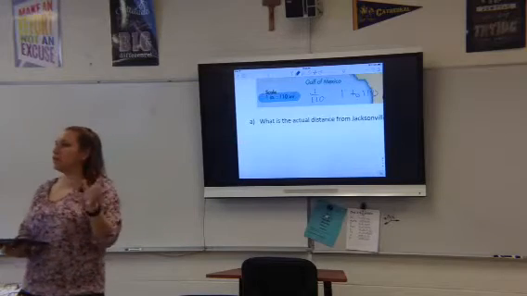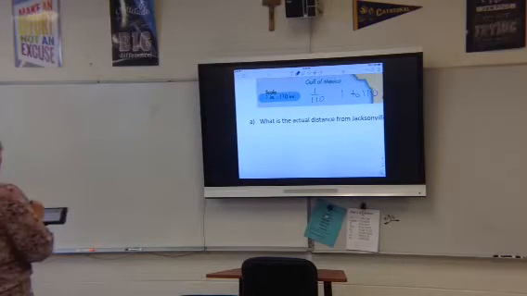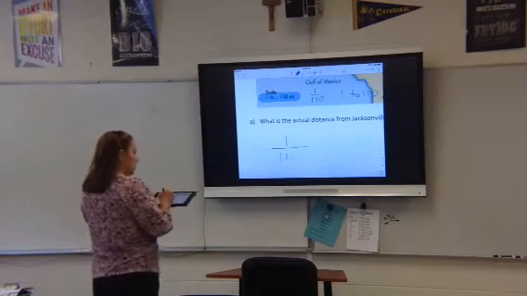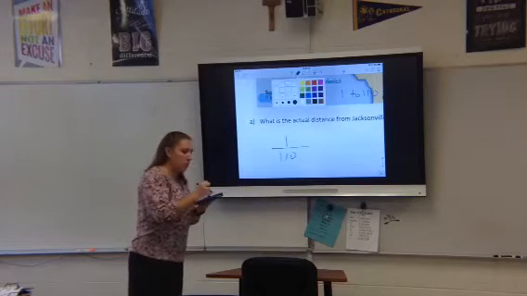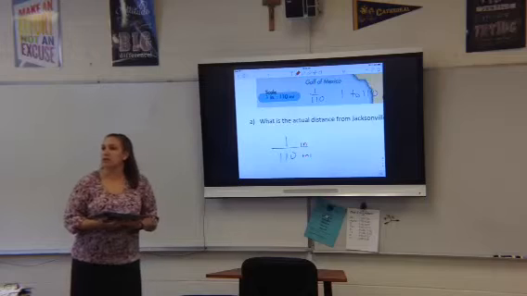You'll see that in writings, newspapers, things like that. So those are the 3 ways to write a ratio. Again, I don't care if they put a colon in between. You're just going to write it as a fraction. So you know 1 inch to 110 miles. And again, if you need to put a label on there so you keep things lined up, then do that.